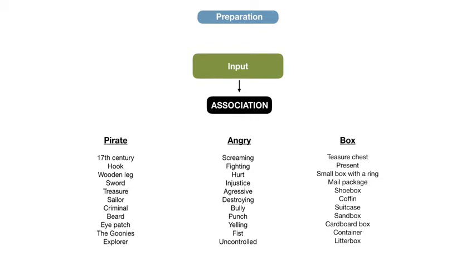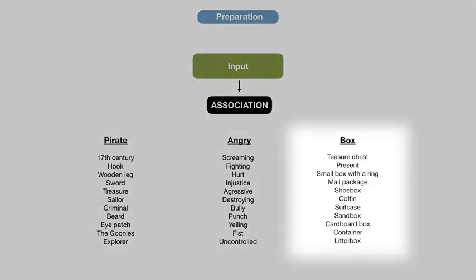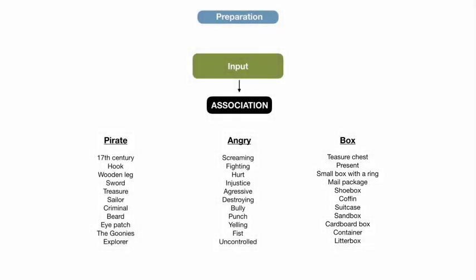Again, I forget about all the other things and think, well, in this case, I did think of the pirate still because the first thing that came up was treasure chest. But then present, a small box with a ring, the one when someone proposes, mail package, shoebox, coffin, suitcase, sandbox, cardboard box, container, and litter box. All kinds of boxes. Those are the things that come to mind first.